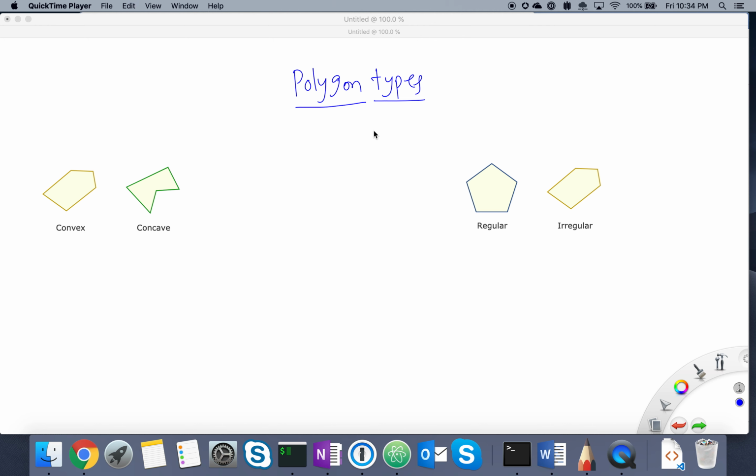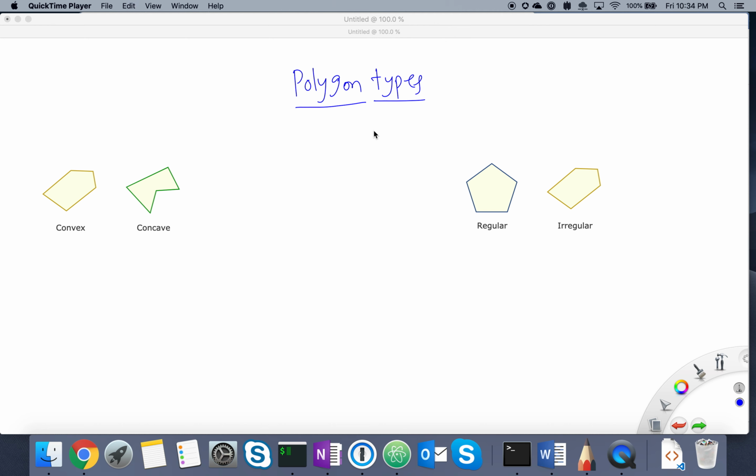The number of sides minus 2 is the number of triangles we make. If it's a 12-sided polygon, then we make 10 triangles, and the sum of interior angles is 10 times 180. That's what we just talked about.